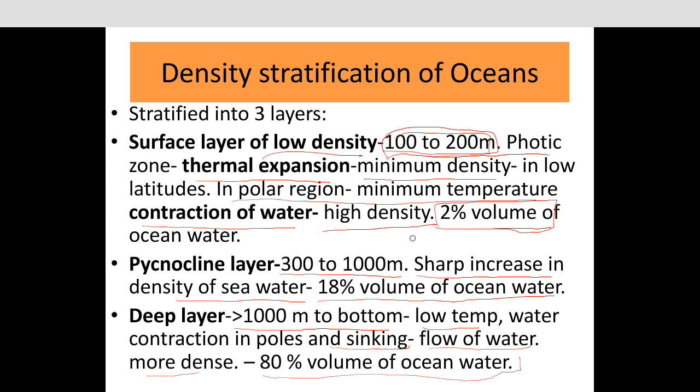The surface layer is only 2%, the pycnocline layer is 18%, whereas the deep layer has 80% of the volume of water. So that's how, on the basis of density, the oceanic areas are classified into surface layer, pycnocline layer, and deep layer.